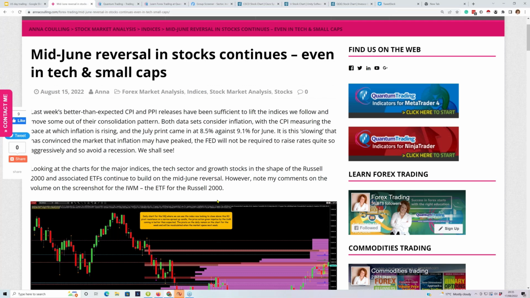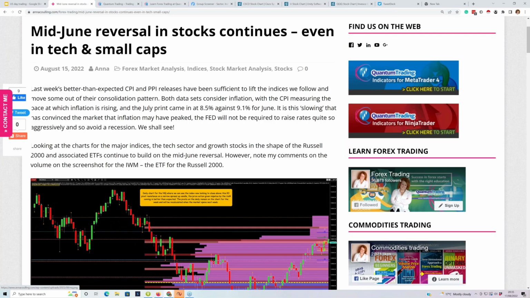But in any major reversal, you do get very, very sharp rallies to the upside, and some of these are traps. It's when investors think, oh gosh, we've had our 20% fall, now it's time to go back up again. But in fact, in the bigger picture, that is not the case.